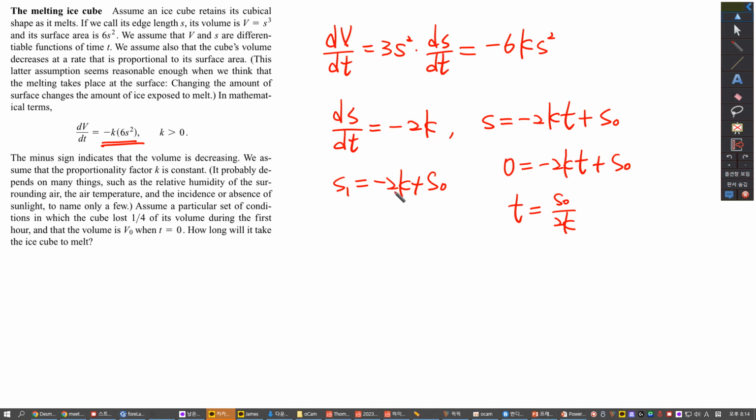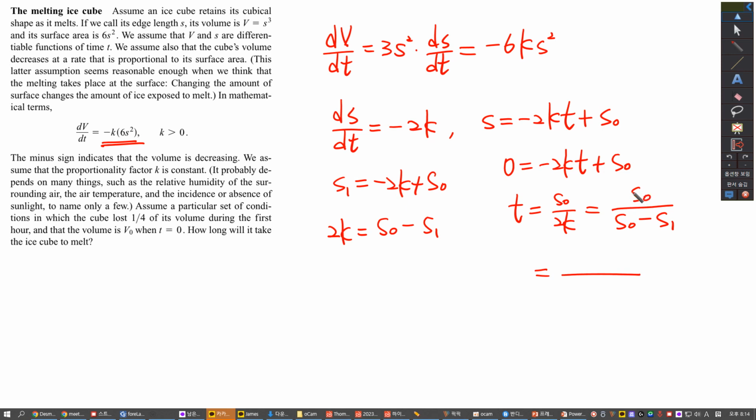And in this equation, 2k is equal to S0 minus S1. So instead of 2k, we can change the denominator to S0 minus S1.